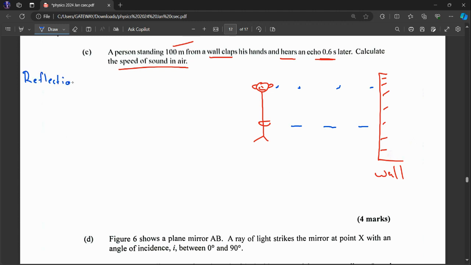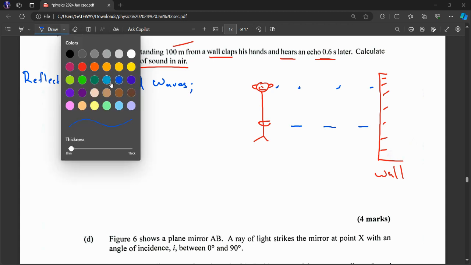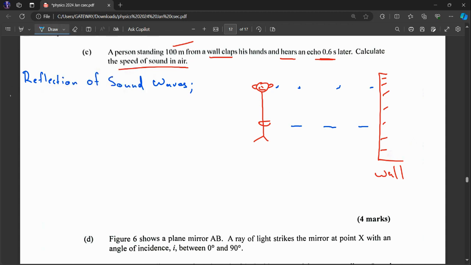So reflection of sound waves. I'm going to put the explanation here for you guys.